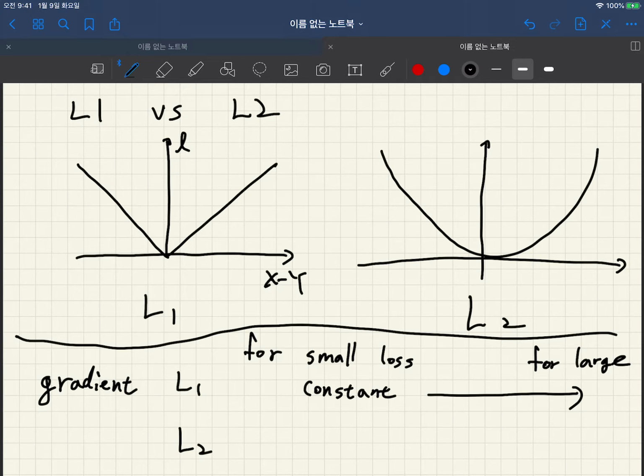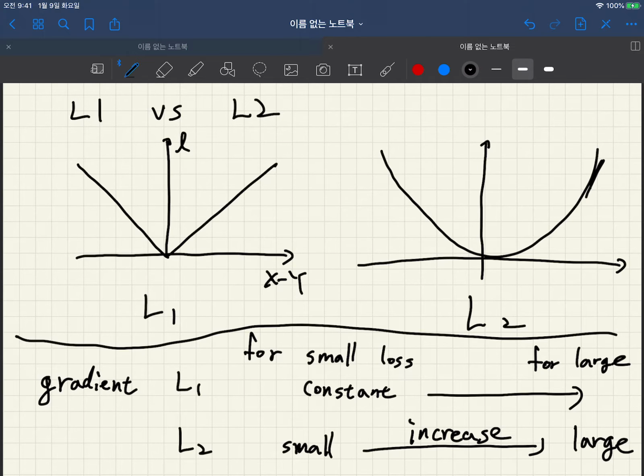But with the L2 loss function, you will see a very tiny gradient value for small loss points, and it increases monotonically. For a large loss value point like here, you will see a very large gradient value. That is the main difference between L1 and L2 loss functions.